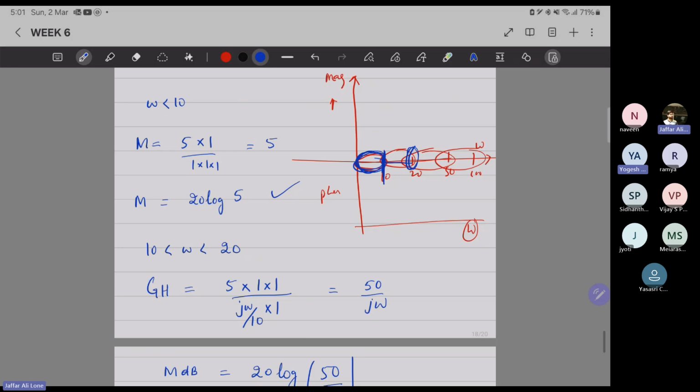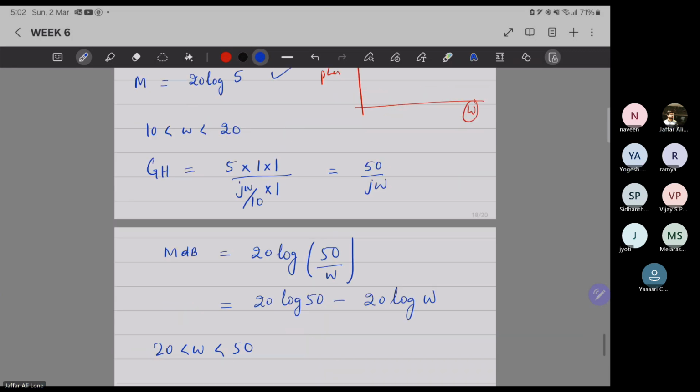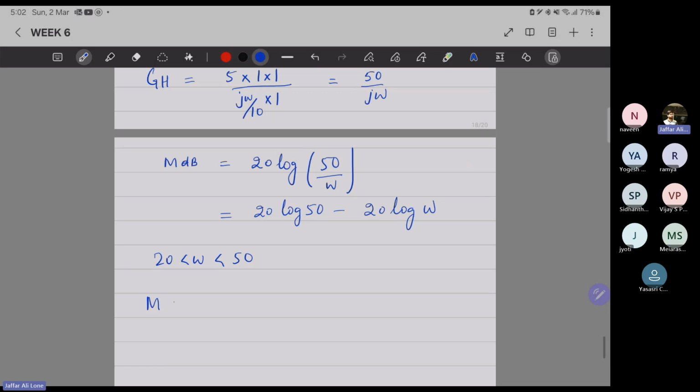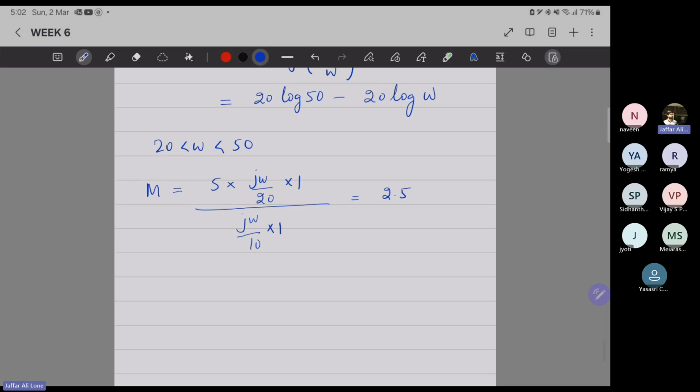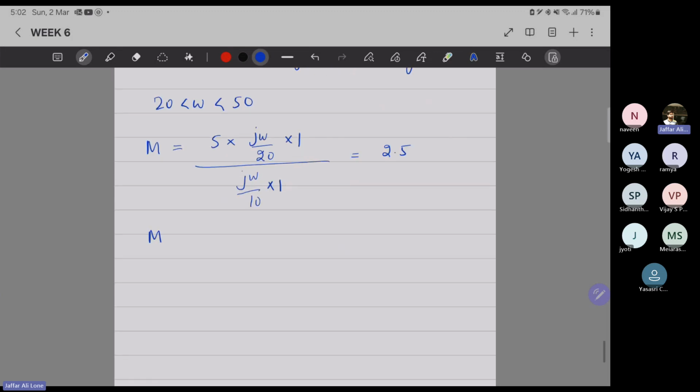And what you will get is magnitude as 5 into j omega by 20 into 1 divided by j omega by 10 into 1, which is equal to 2.5, and magnitude in decibels will be 20 log of 2.5, right?